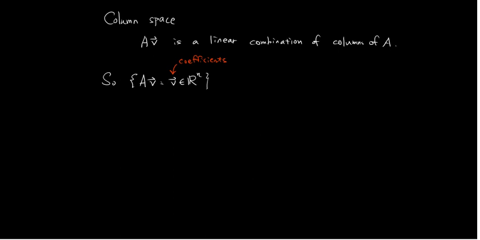So A, along with lots of coefficients, gives all the possible linear combinations of columns of A.